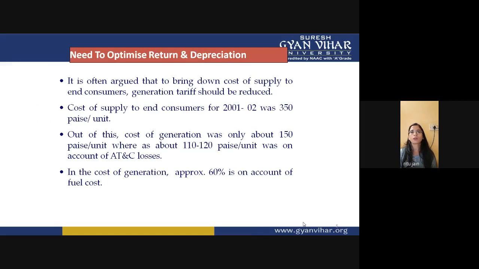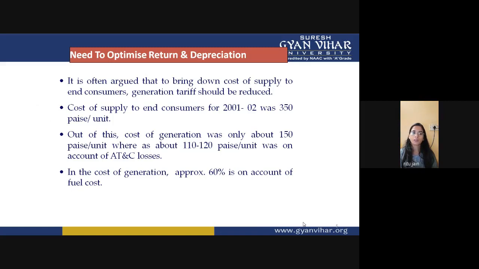So it is often argued that to bring down the cost of supply to end consumers, generation tariff should be reduced. We have already discussed tariff. Tariff is the electricity charge which we pay for our electricity, and there are three types of tariff which we discussed in our previous lecture, that is, what kind of tariffs we use for consumers.